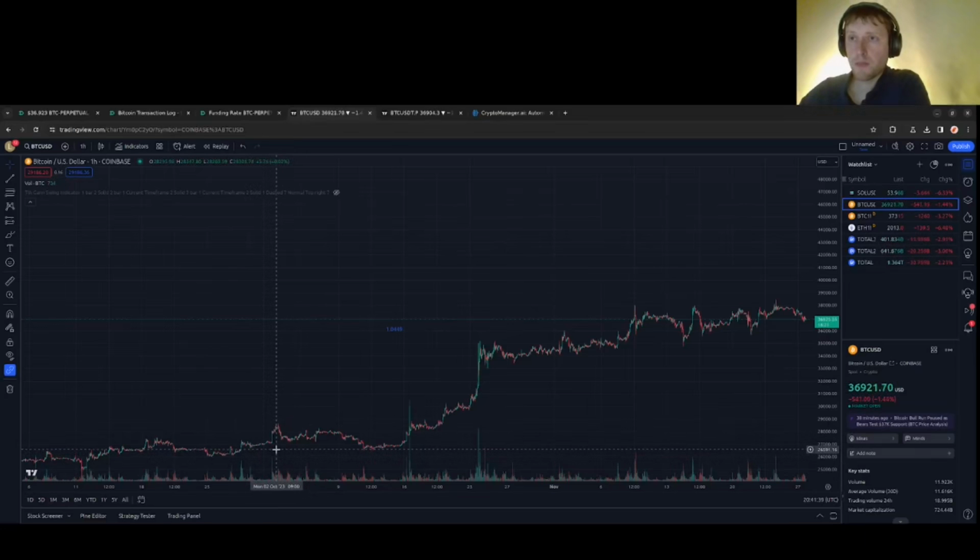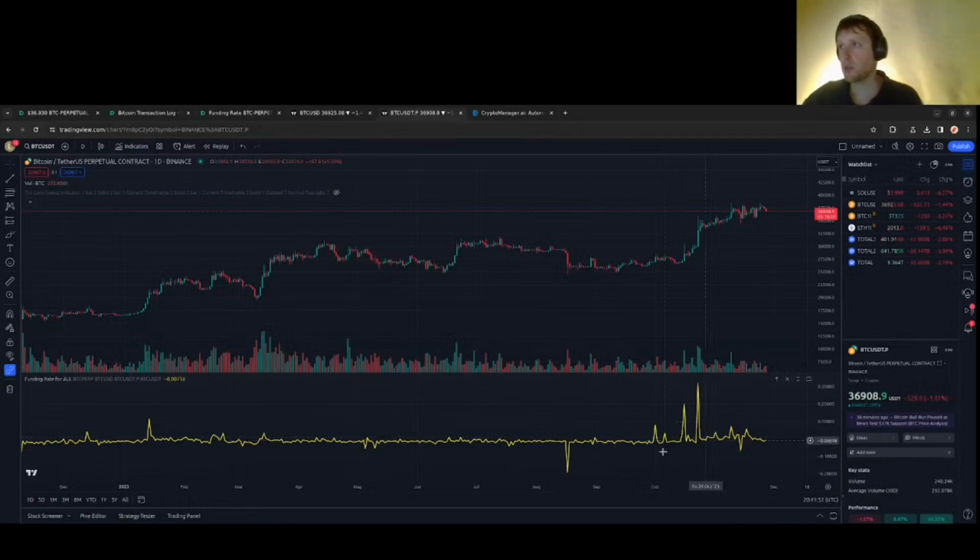Yeah, we started here and the market crashed a little bit in here, and especially from the middle of October it started going up properly. So as you can see, the premiums started rising significantly, and the premium for the futures expiring on the 29th of December also rose significantly.